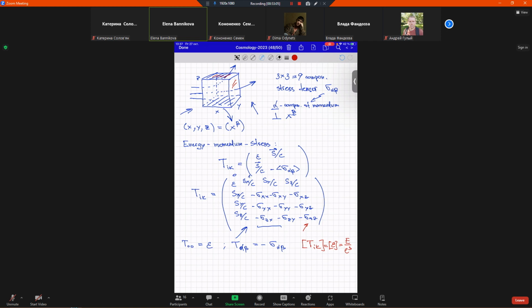You will see that we can represent this stress tensor through the pressure. Of course, you need to take into account the speed of light because we want to keep the dimension the same as the energy density. But we will come back to this, and later we will also consider some examples. Okay.